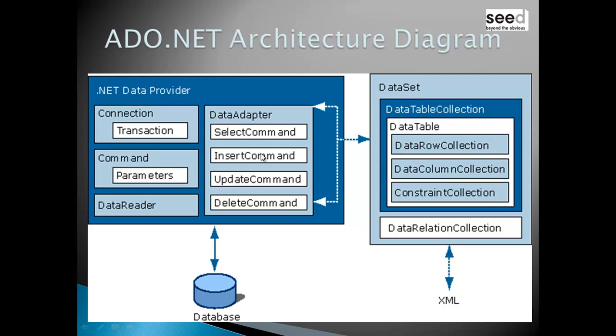So data adapters are designed in such a way that the SQL data adapter will fetch data from a SQL database and put it in the dataset in XML format. Same way, the Oracle data adapter will fetch data from an Oracle database and put it in the dataset in XML format again. So whatever the database is, the dataset will hold that data in XML format. That's why it is database independent.